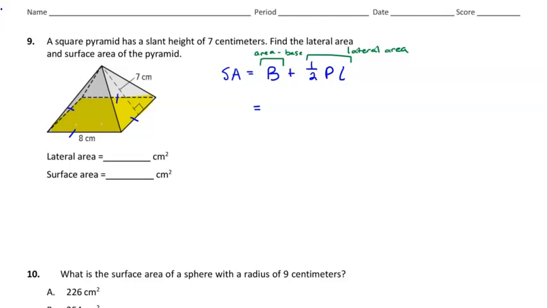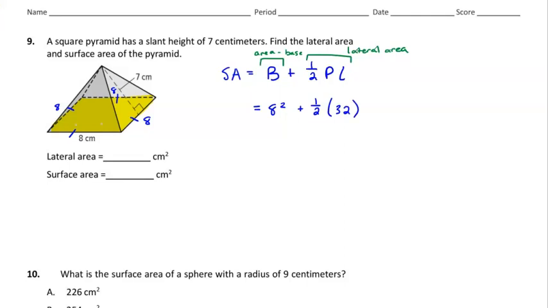All right, and so for the area of the base, we know that that's going to be 8 squared or 64. And then we've got plus 1/2 times the perimeter of the base. Well, I know this is 8, this is 8, and this is 8. And so 4 times 8 gives us 32.